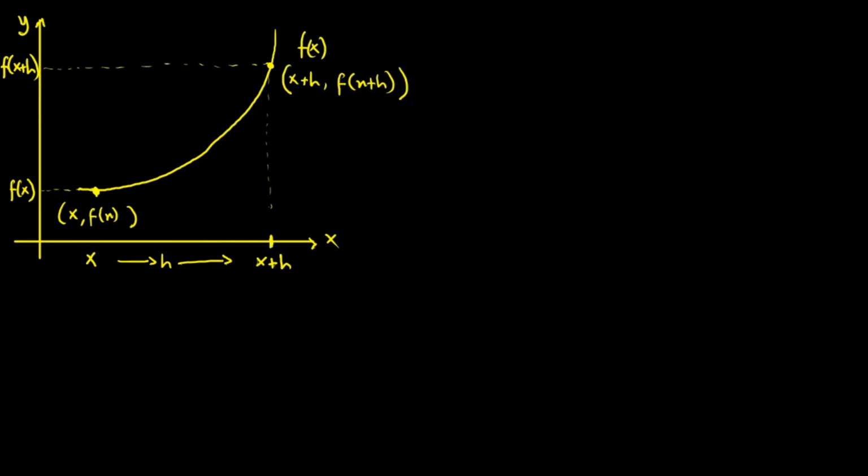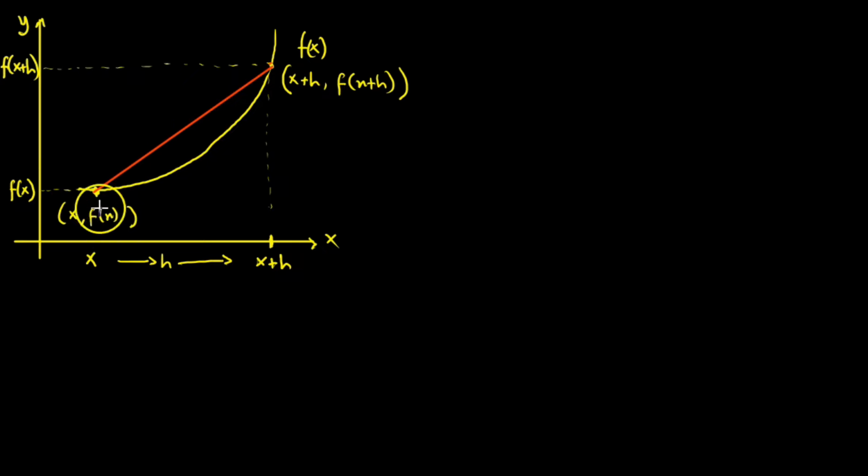Joining these 2 points, which are found on a curve, with a straight line, we may have this, because we want to use the idea of the gradient of a straight line to determine the gradient of a curve at a given point.